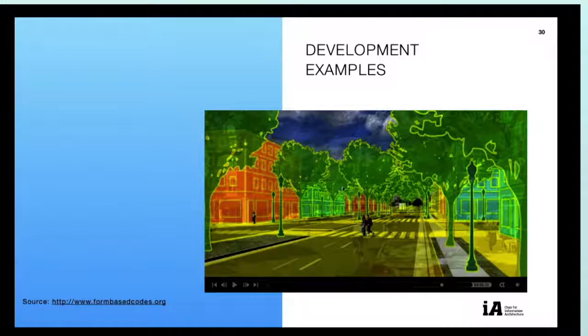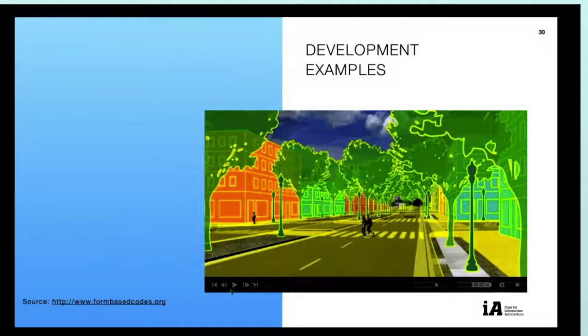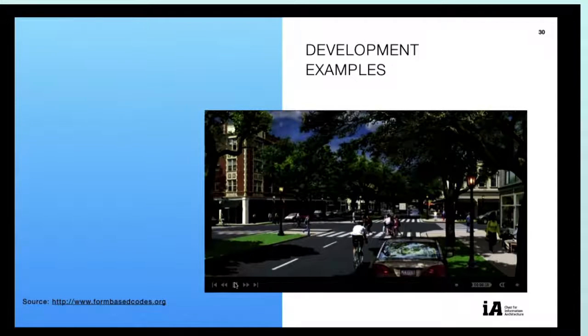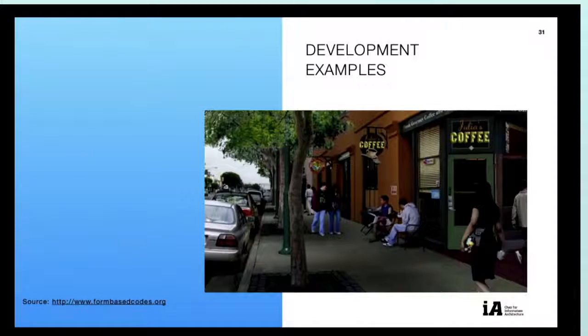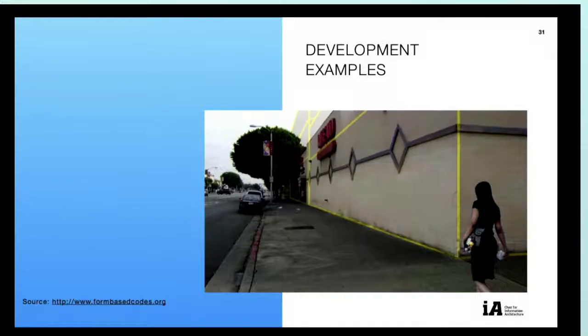So these are the codes now, the form-based codes. And this could be what an architectural implementation in the US, for instance, could look like. So, very romantic, huh? Here, a similar example, now it looks like that.